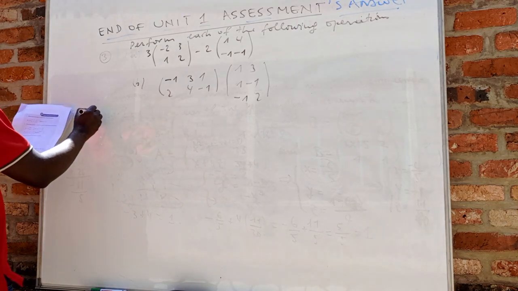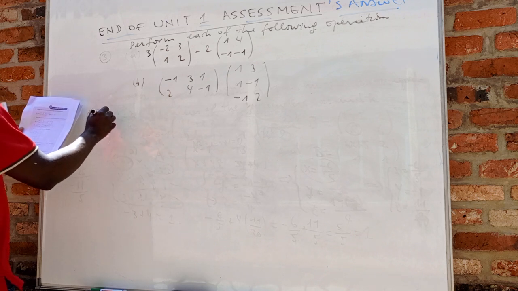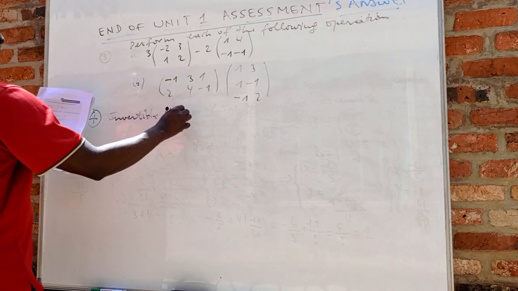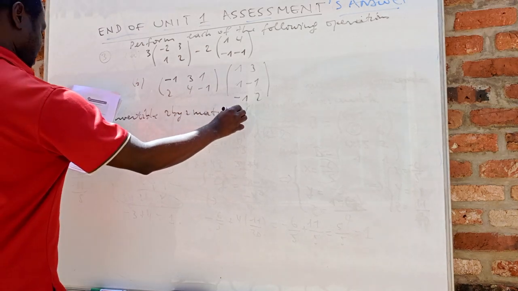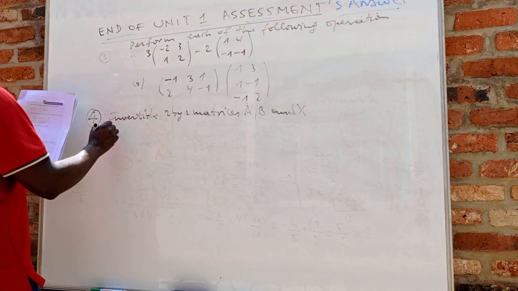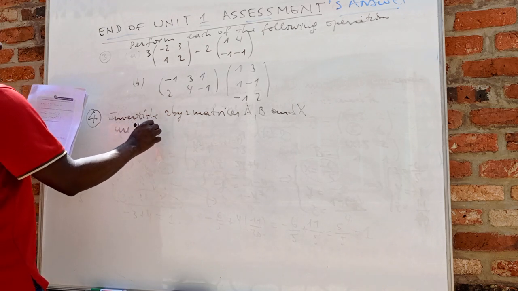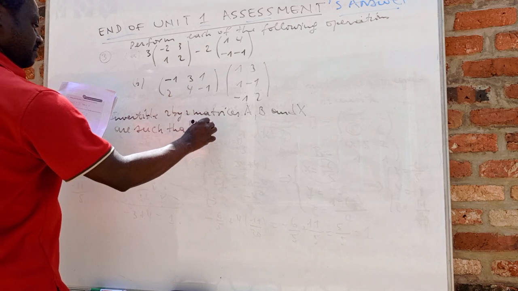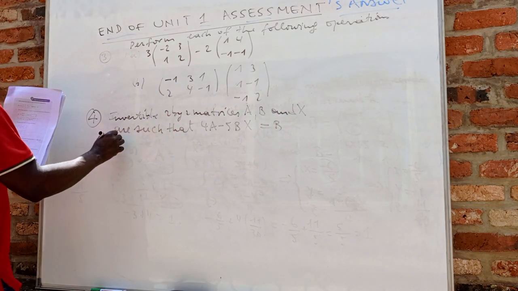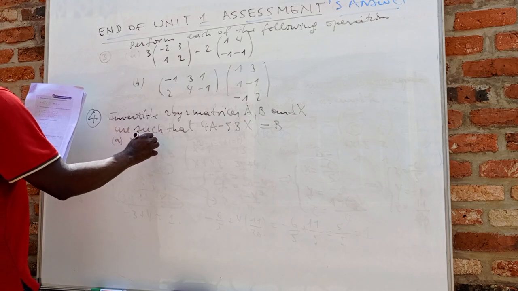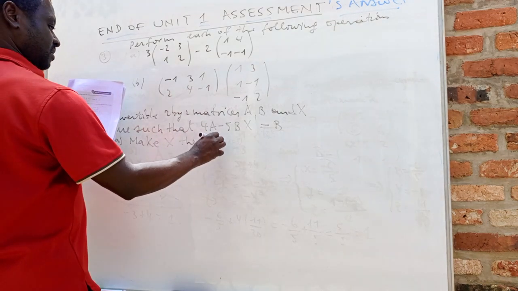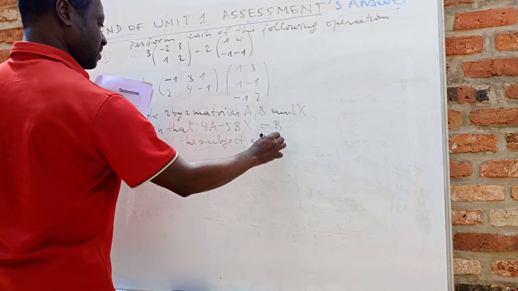Let us also look at question 4. Invertible 2 by 2 matrices A, B, and X are invertible matrices such that (4A minus 5B) times X is equal to B. Now make X the subject of the formula.